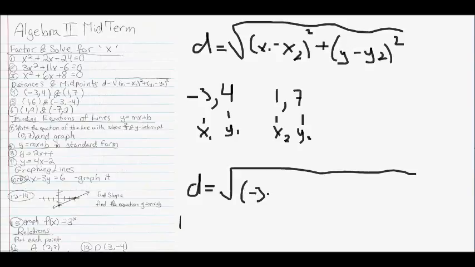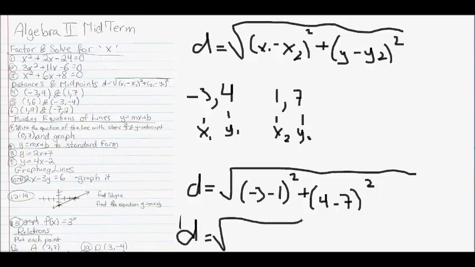Our x1 is negative 3 minus our x2, which is 1, squared, plus our y1, which is 4, minus our y2, which is 7, squared.